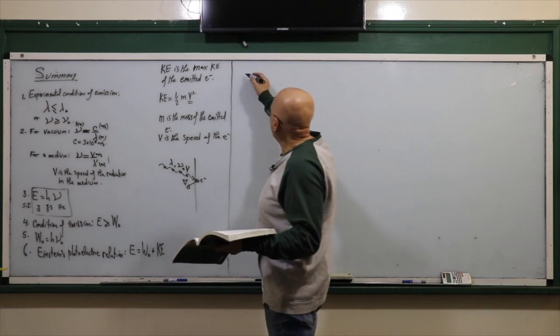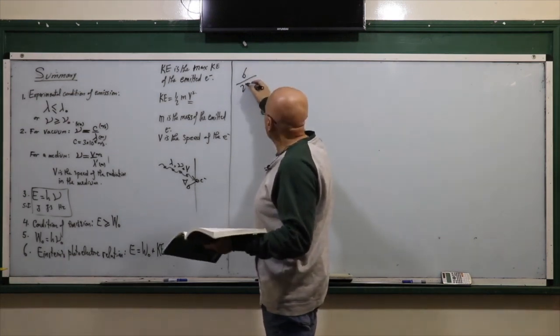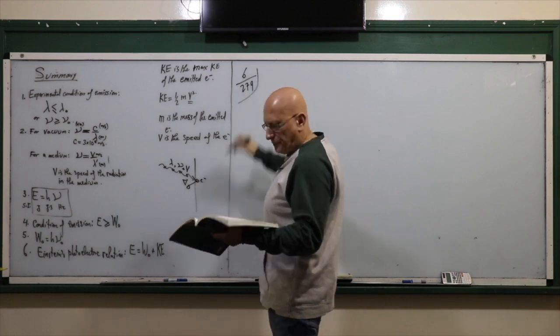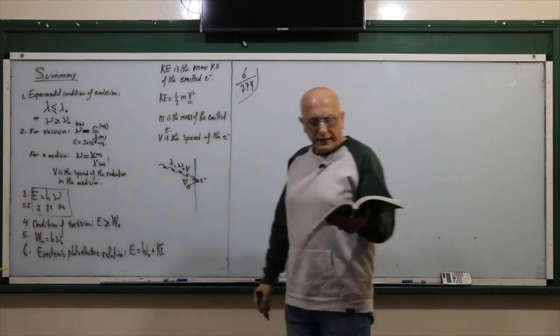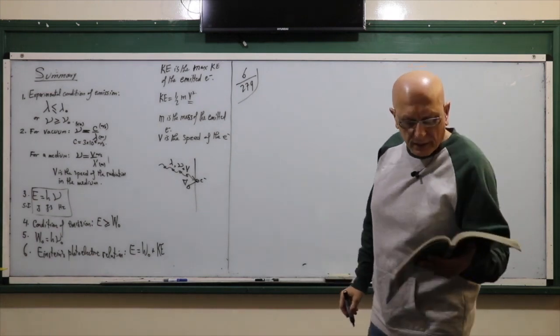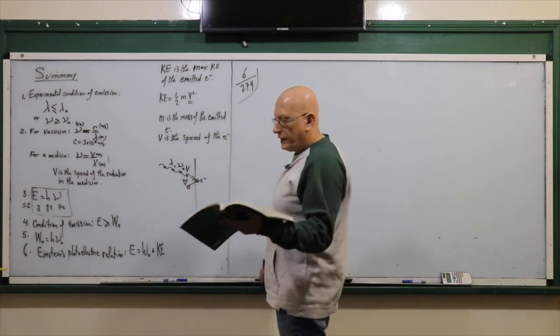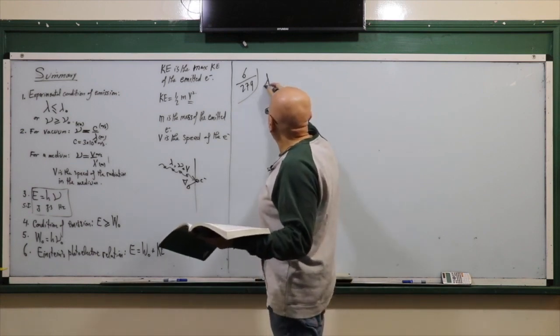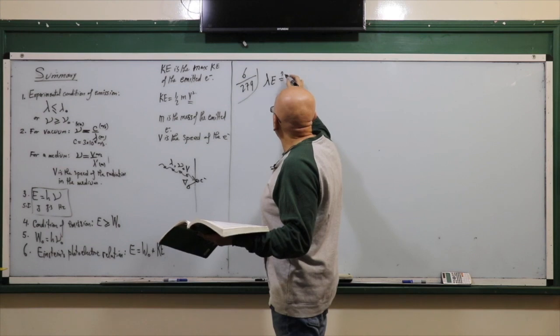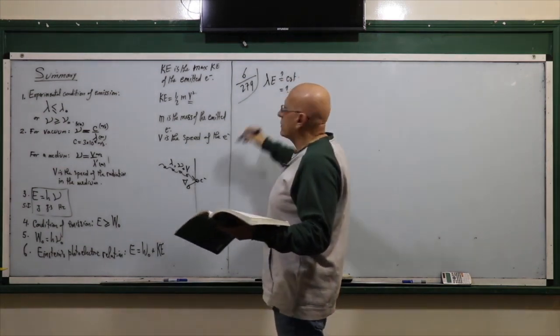Let's see problem 6, page 279. It says to show that for any photon of energy E, the product lambda E is constant, and calculate its value. So I want to verify that lambda E is constant and equal to how much.